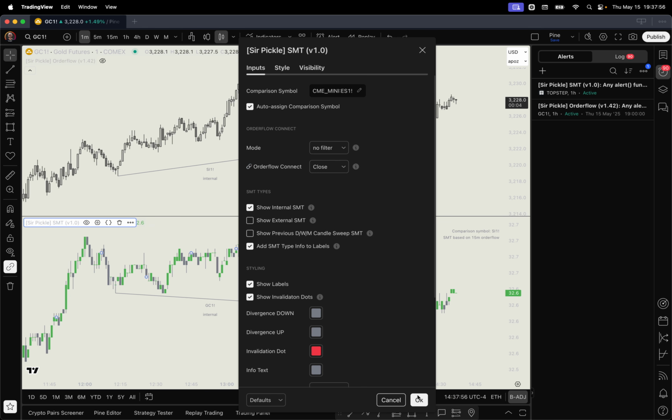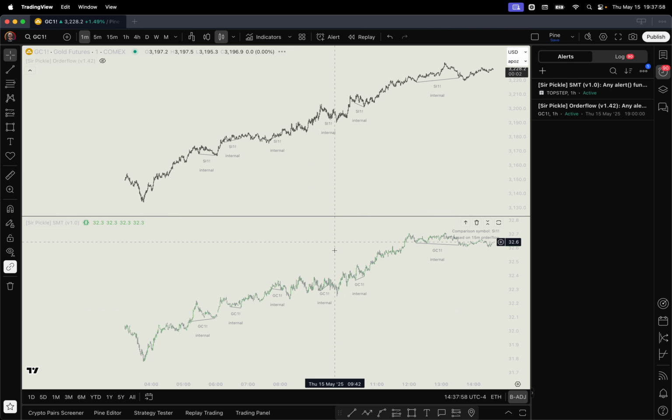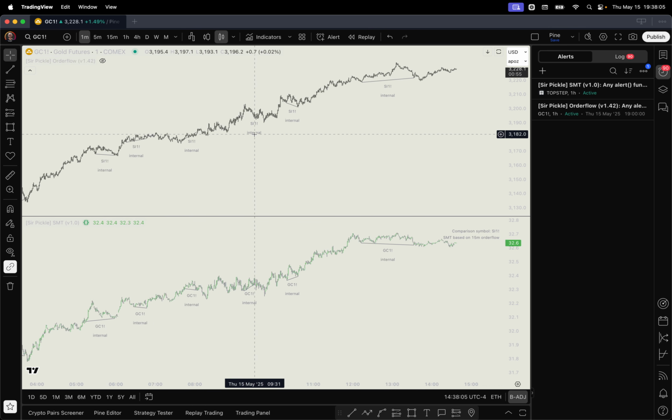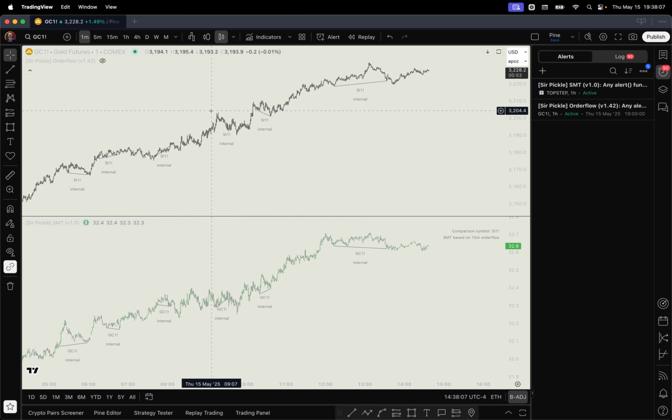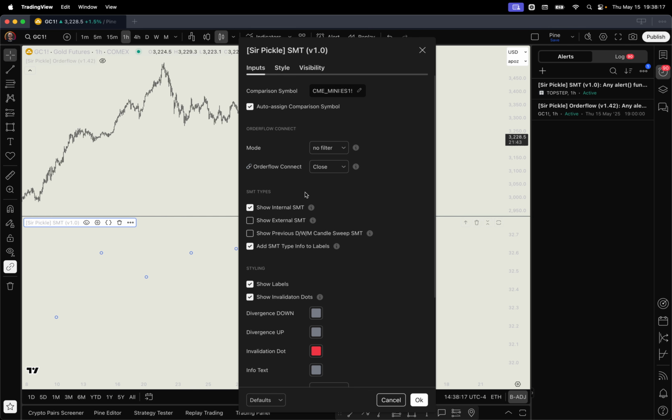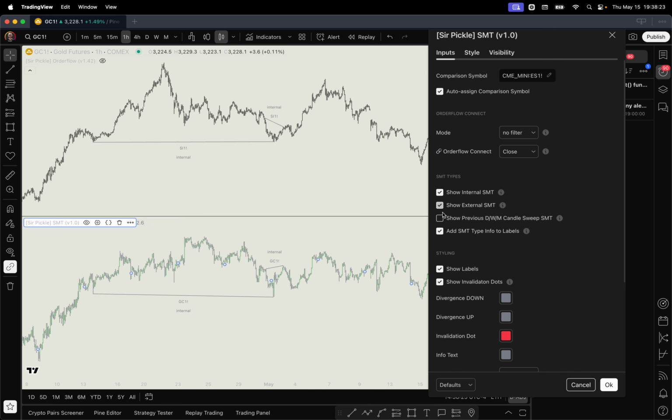And then the last big feature that we have here is we have added an option to plug in the order flow indicator to read the direction of where market should go or where market is likely to go. So if I am clicking here on the settings, double click, and then instead of mode no filter, let's actually show all SMTs to show you what this is doing.